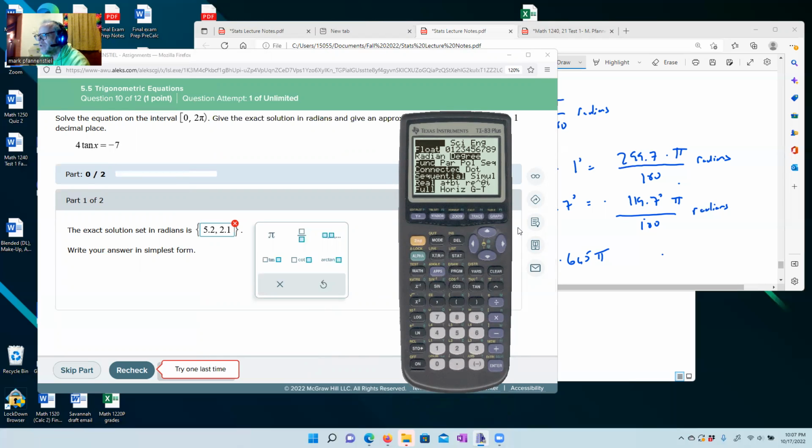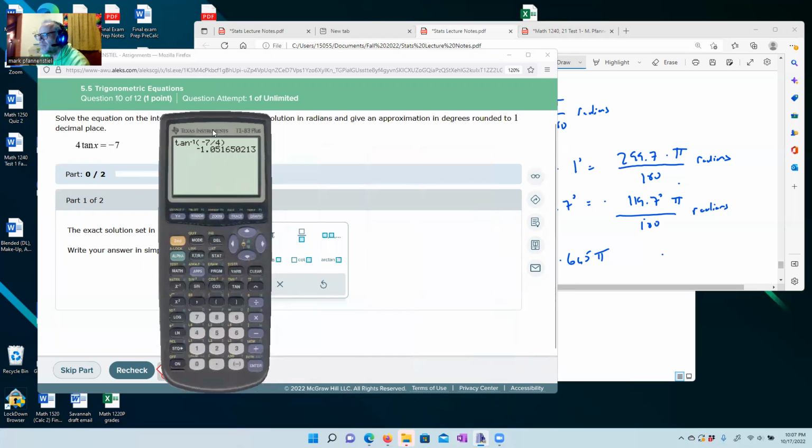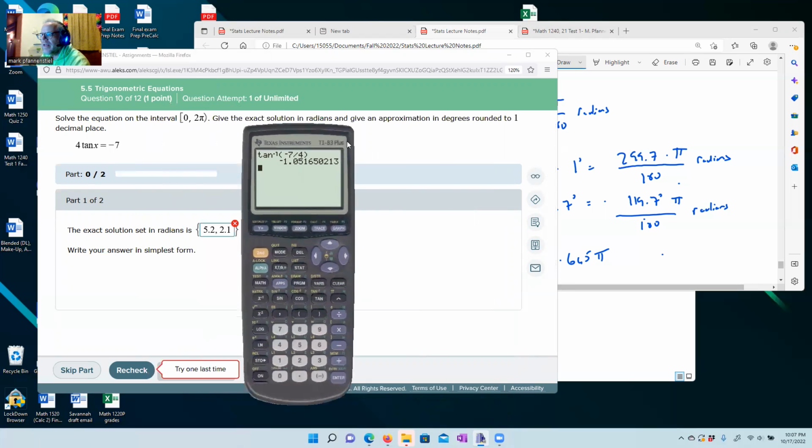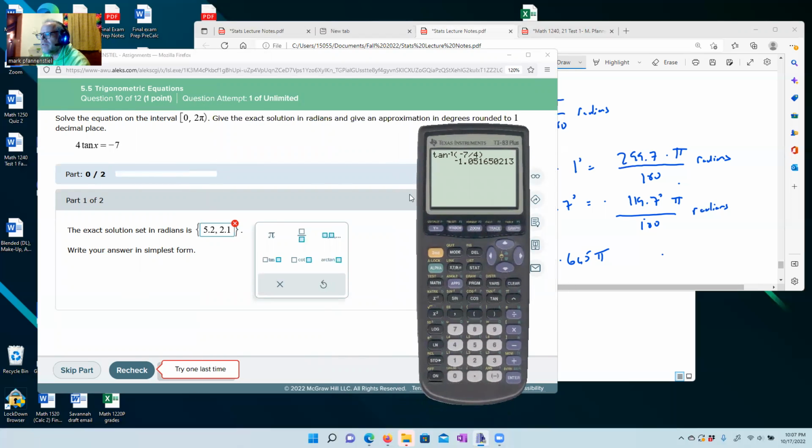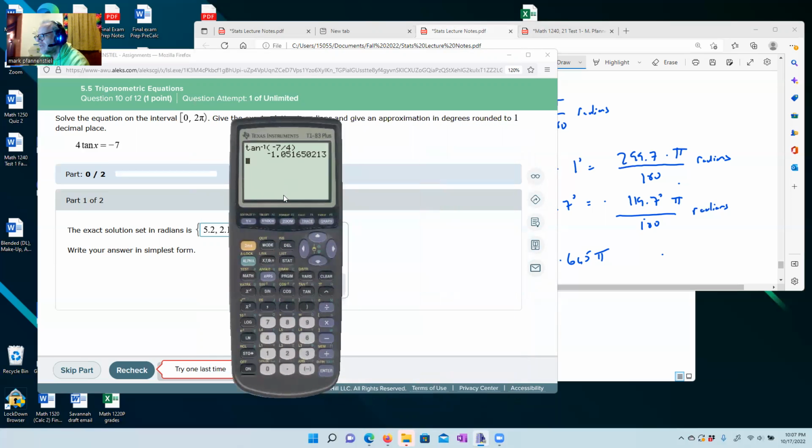Let's go back to mode. Hit radian. Quit. Enter. All right, and they wanted this between 0 and 2 pi. So I have negative 1.05.